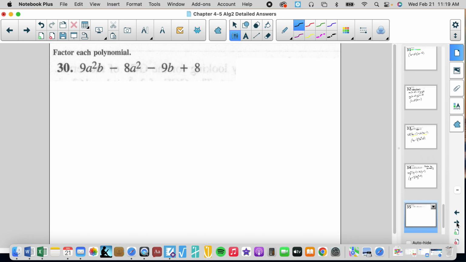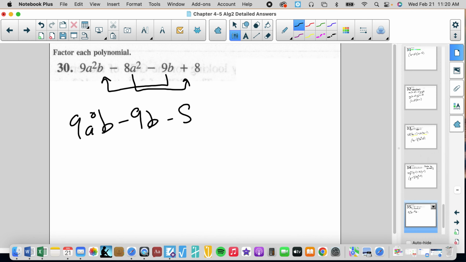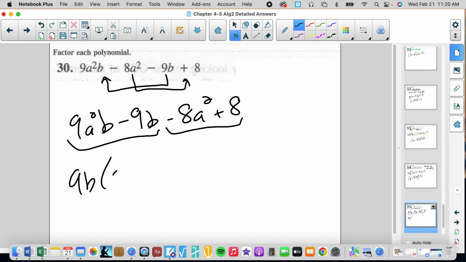So I'm going to rearrange. I'm going to move these, and I'm going to move that over there. I'm going to write this as 9a squared b minus 9b minus 8a squared plus 8. And now I'm going to factor by grouping. I can factor out a 9b. That leaves me with a squared minus 1.